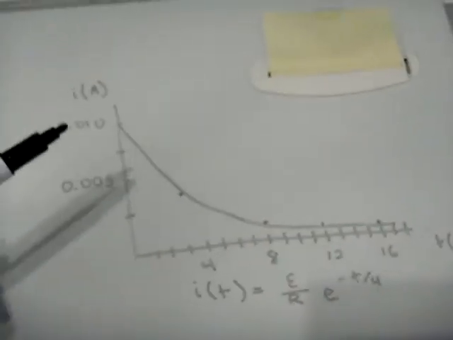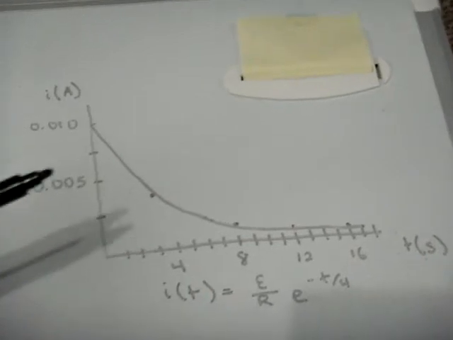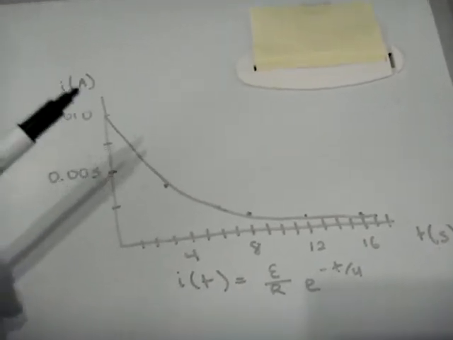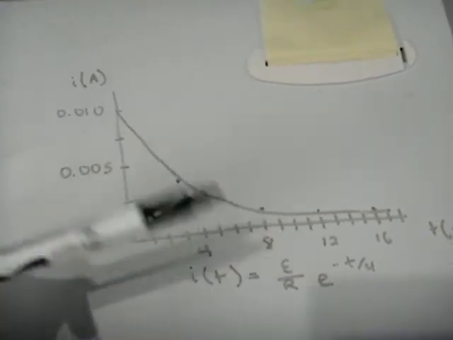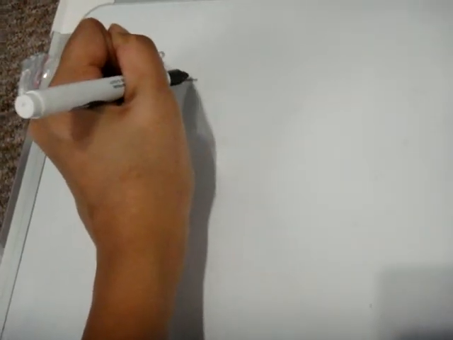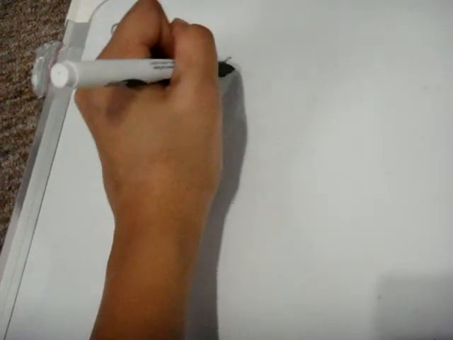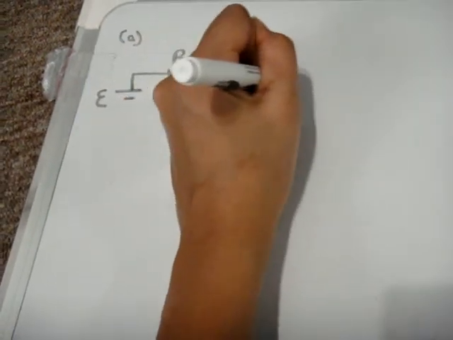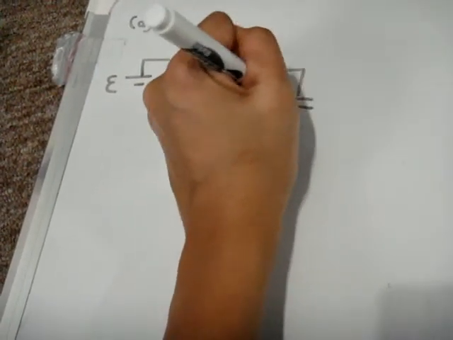Using this, we know that initially when the switch was open, there was 0.01 current, and then when the switch is closed, the current became less. That means the current is also going through something else. So we want to have the switch before the capacitor. So switch, and then the capacitor is in series, so we can draw it right here.